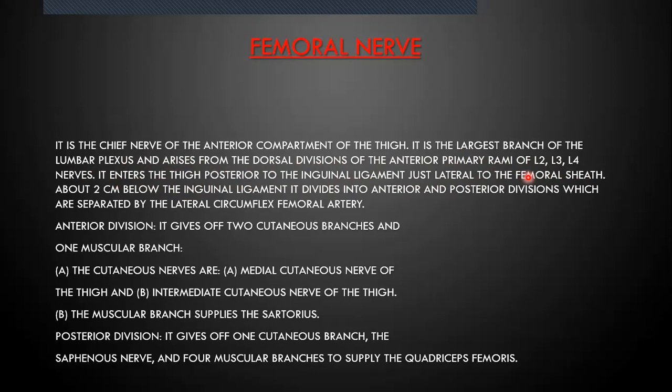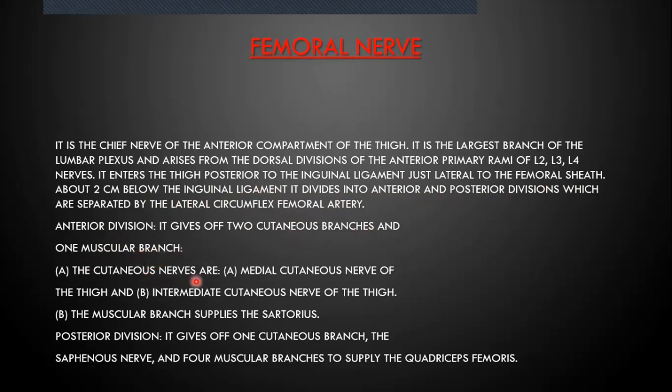So mark that point. About 2 centimeters below the inguinal ligament, it is divided into anterior and posterior divisions, which are usually separated by a branch from the profunda femoris artery, the lateral circumflex femoral artery. The anterior division will give off 2 cutaneous branches and 1 muscular branch.